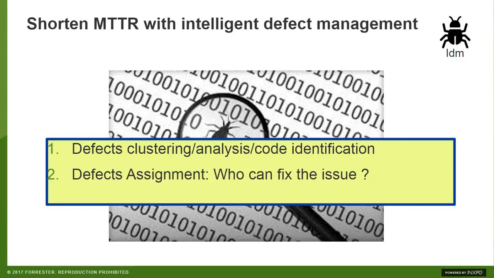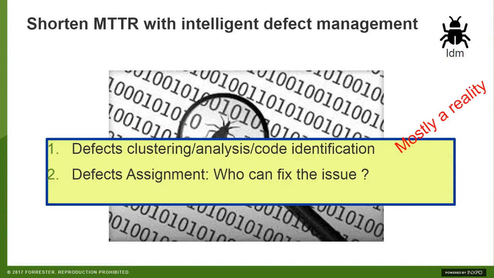More sophisticated is defect assignment. Who can fix the issue? So defect clustering is a technology capability that small startups and testing companies are implementing. But number two is something I've found out through GSIs, global system integrators and testing service companies, are doing, because now, having data around the profiles of the developers, the teams, and the tools that generate lots of data during the software development lifecycle, you can start identifying which team, and even which developer, has the right skills to fix a bug.